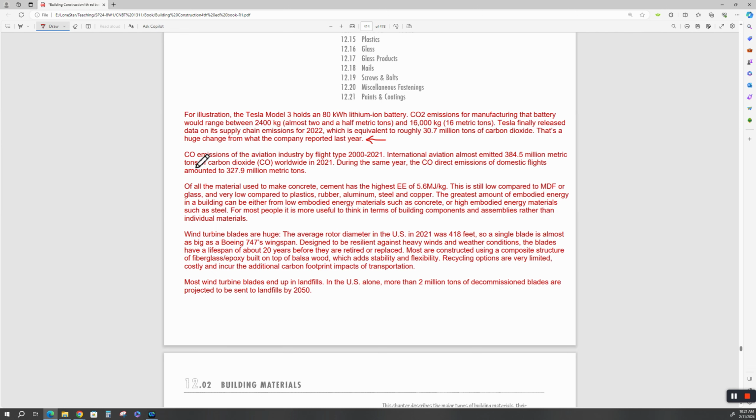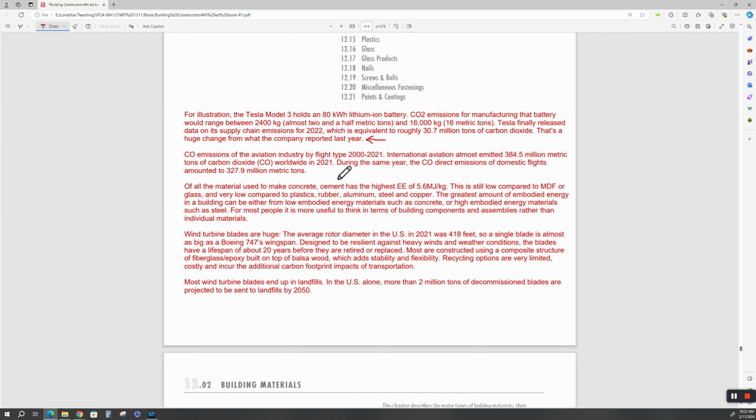All right. The CO2 emissions of the aviation industry. It really should be carbon dioxide, CO2, but hey, what can I say? The emissions of the aviation industry by flight type from the year 2000 to 2021, the international aviation almost emitted 384.5 metric tons of carbon dioxide worldwide.